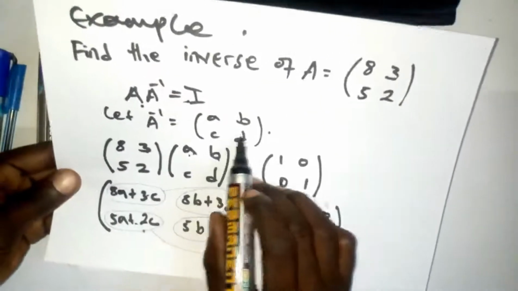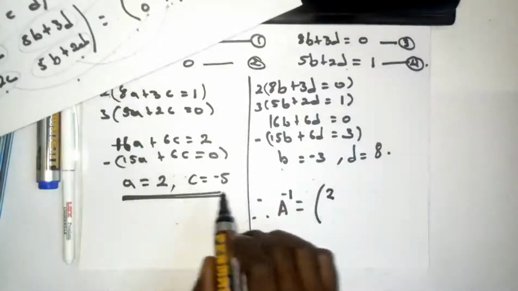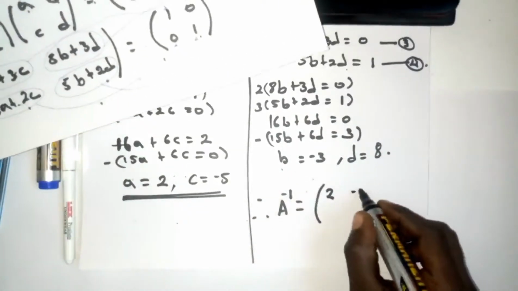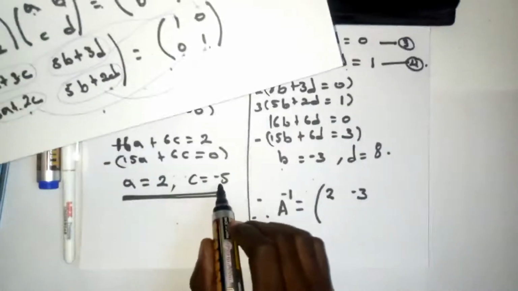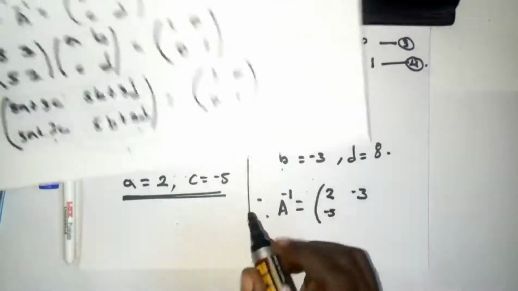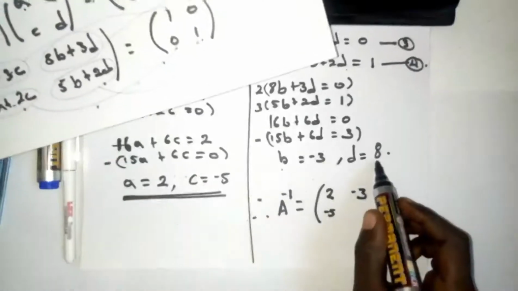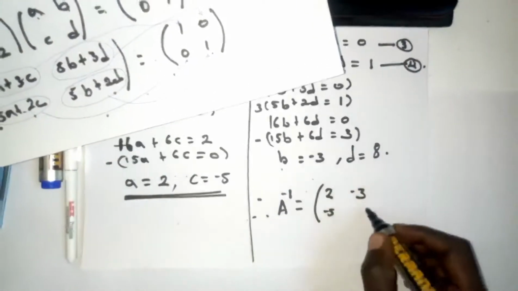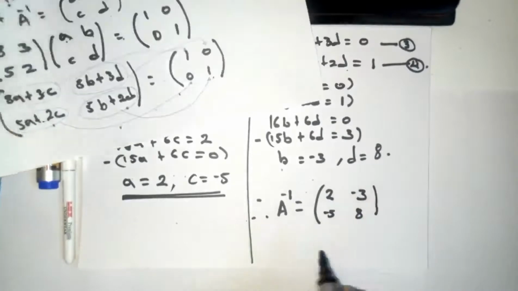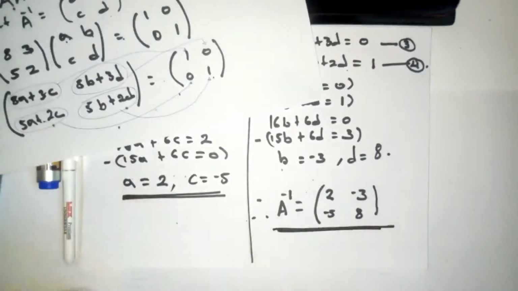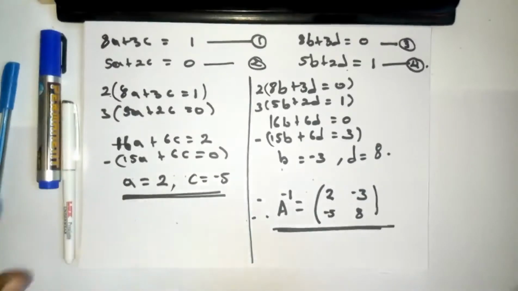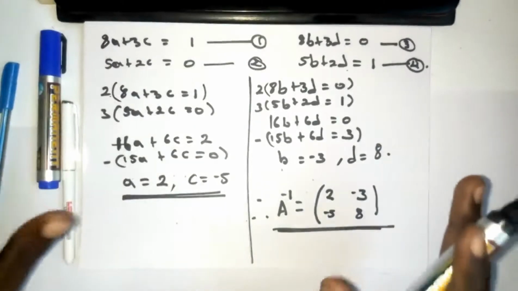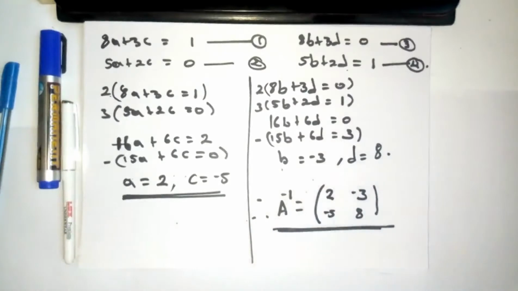Where I have b, I put the value of b that I have got. Where I have c, I put the value of c that I got. And where I have d, I put the value of d that I have got, which is 8. As simple as that. So we can solve for the inverse of a matrix by letting that inverse and using the definition of the inverse of a matrix.